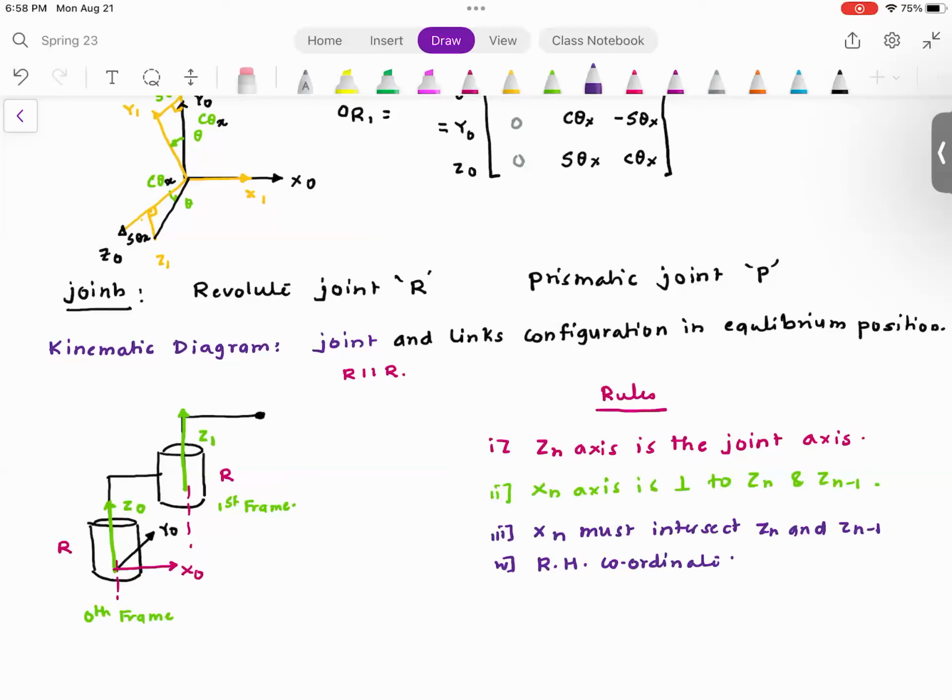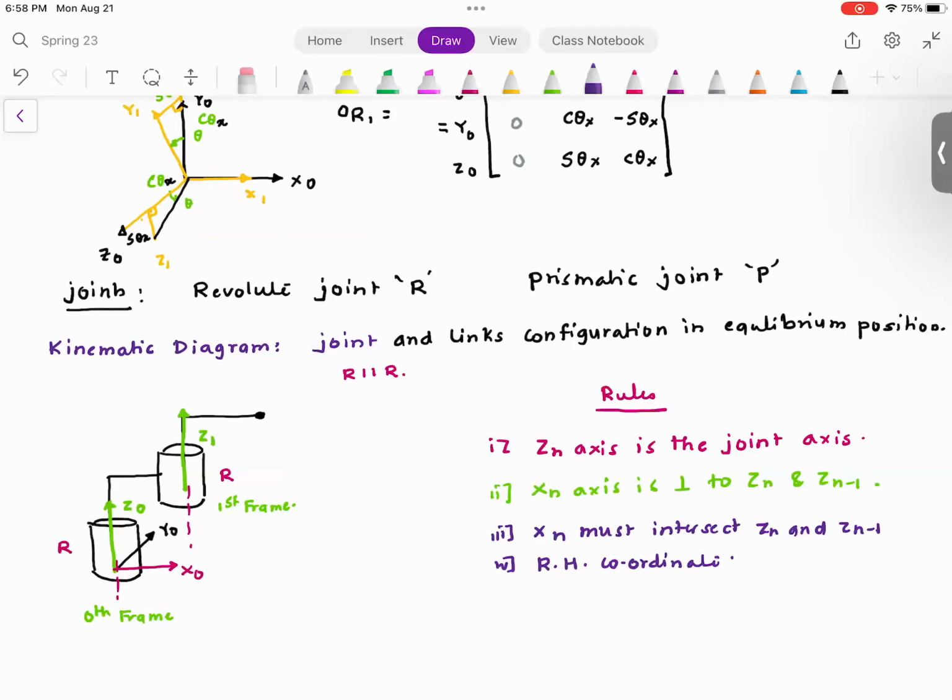Xn must intersect Zn and Zn minus 1. And you have to use the right hand coordinate system. For the 0th frame, all 4 rules are satisfied, because I do not have a minus 1th frame.